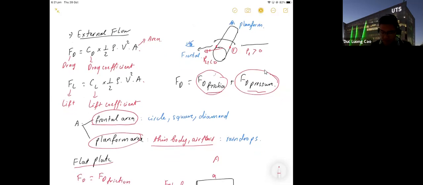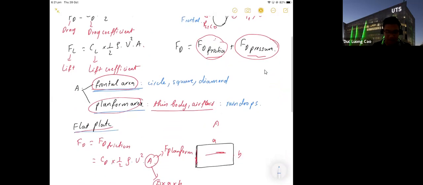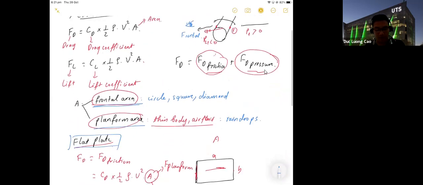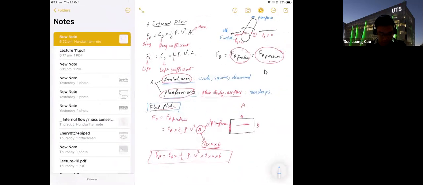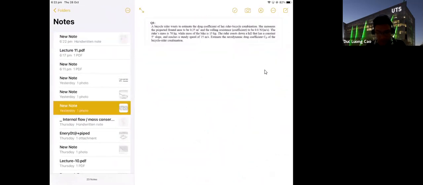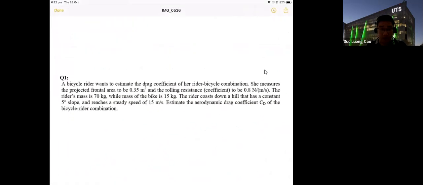So remember, for some objects you use frontal area, but for some you use planform area. And the flat plate is important too. So today we have 3 questions. Maybe we will go quickly because we have to use 10 to 15 minutes to summarize.